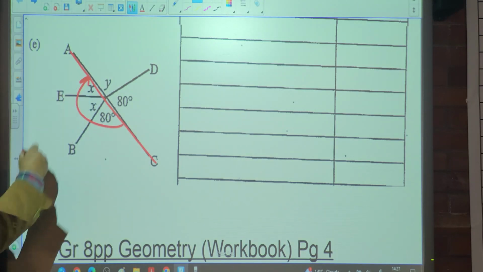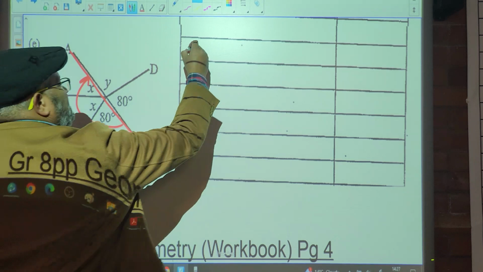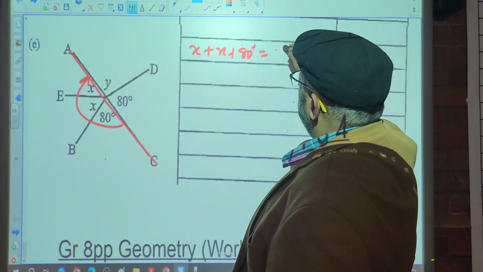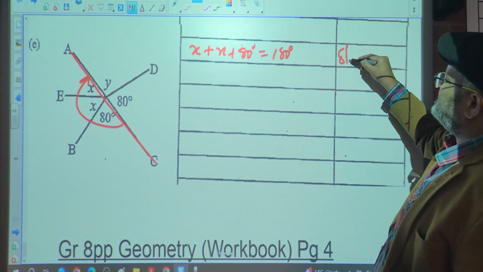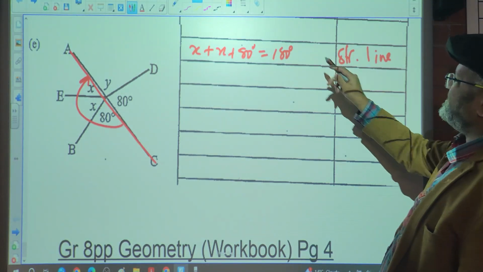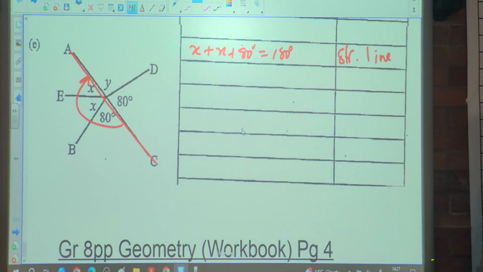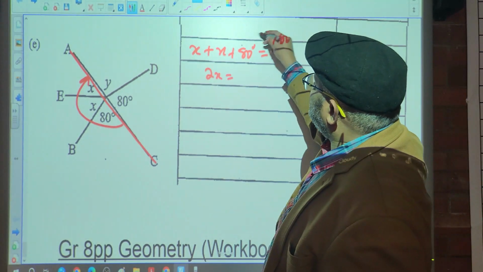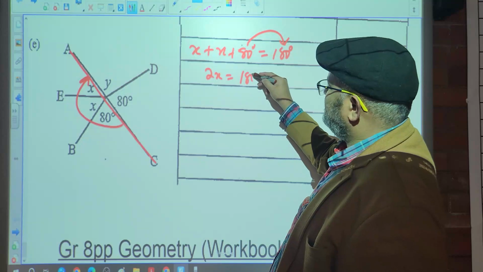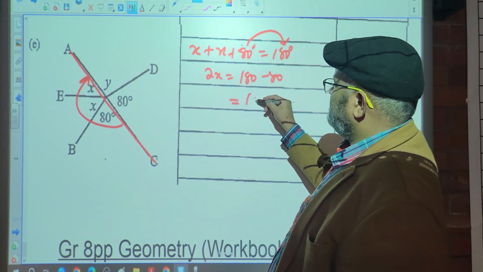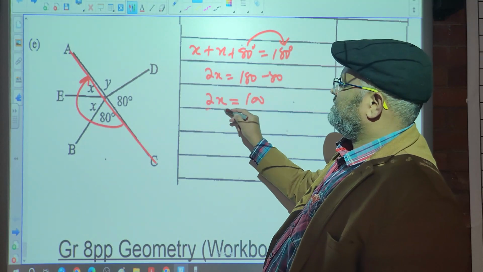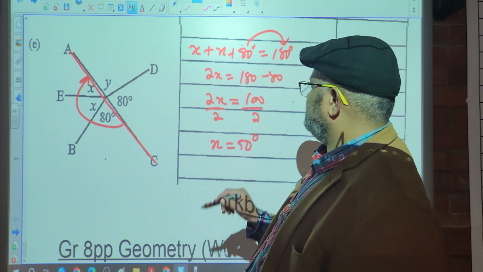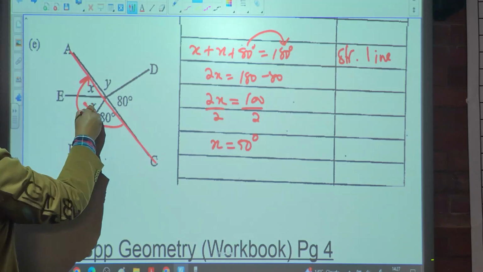Angles on a straight line. Okay, so what do I say? x plus x plus 80 equals 180. Why? Straight line. Remember, every statement must have a reason. Okay. So x plus x is 2x, equal to 180 minus 80, which is 100. Divide by 2 on both sides. So x is 50 degrees. That is 50 and this is 50.